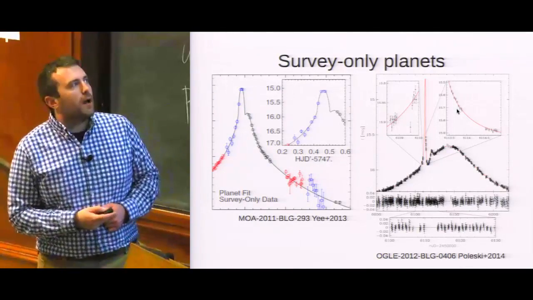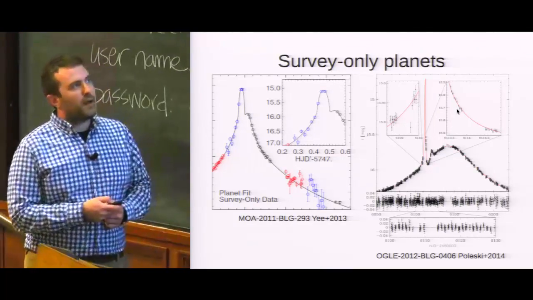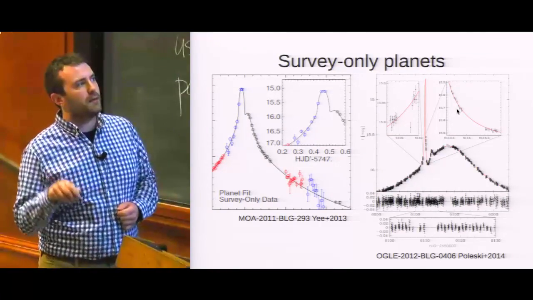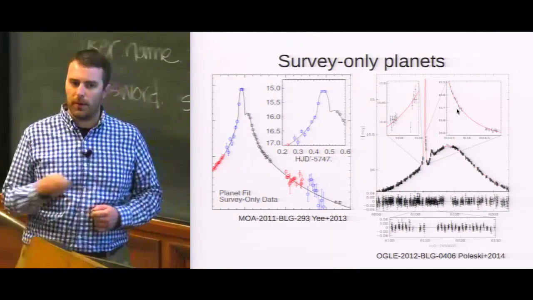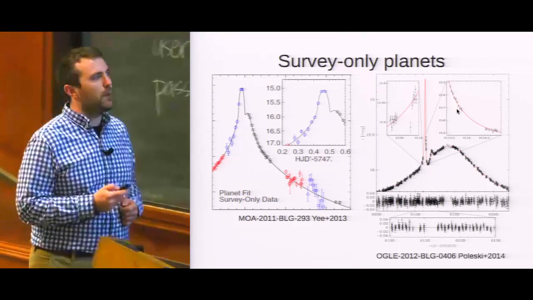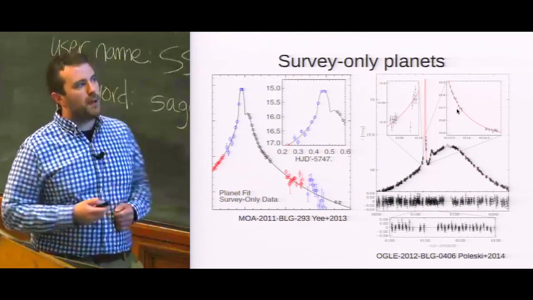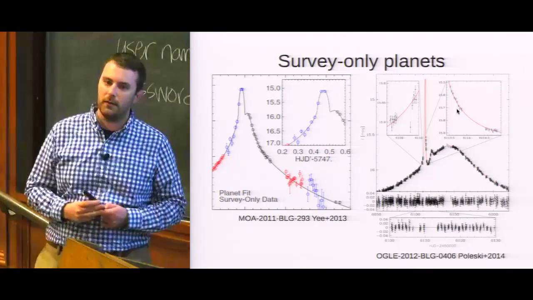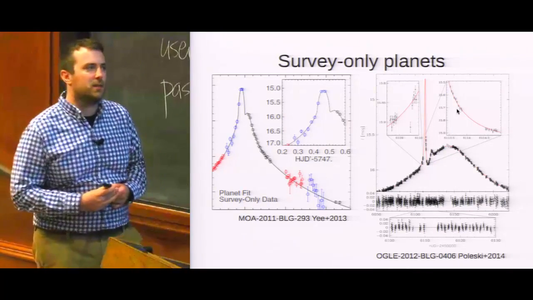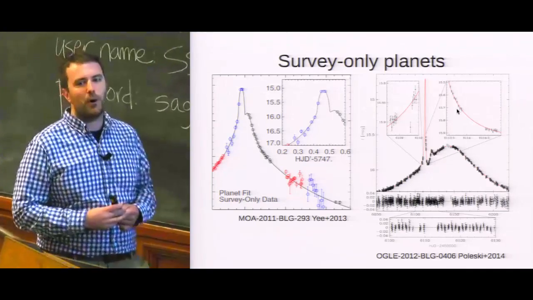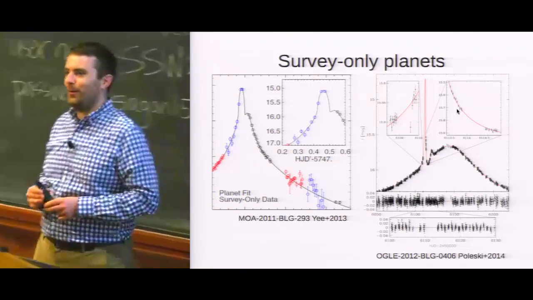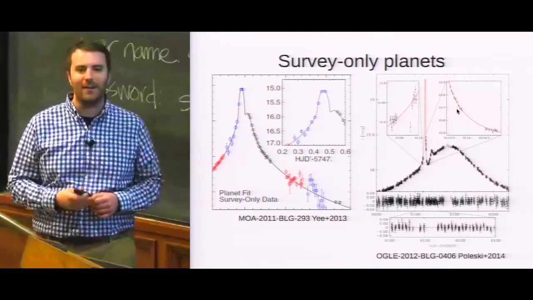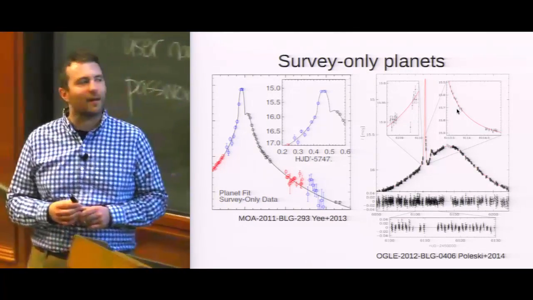And these are the kind of planet discoveries that you get from just surveys themselves. I think in both of these cases there's actual follow-up data too, but the planets can be found by the surveys themselves. And this makes understanding your detection efficiency much, much easier. You no longer have human decisions in the pipeline that you need to model, especially when those human decisions are usually via email communication that you need to go back and piece together the history.